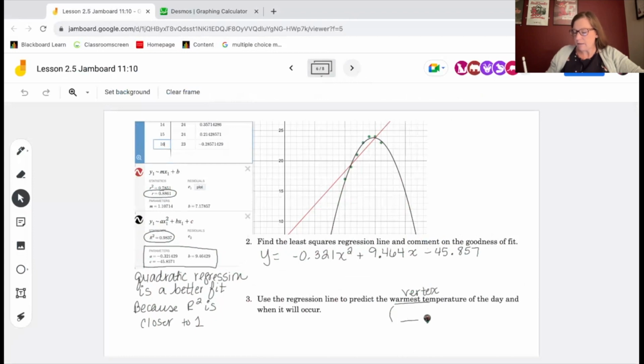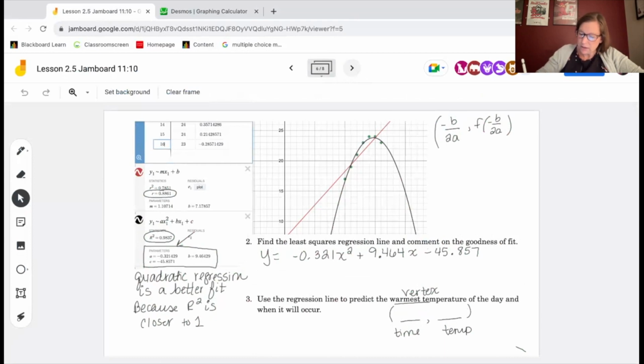Where our vertex is given by x and y, so our x value gives us the time, and our y value gives us the temperature. So remember, negative b over 2a, and then our function evaluated at negative b over 2a gives us the vertex itself. And we already know what b and a are from the parameters.